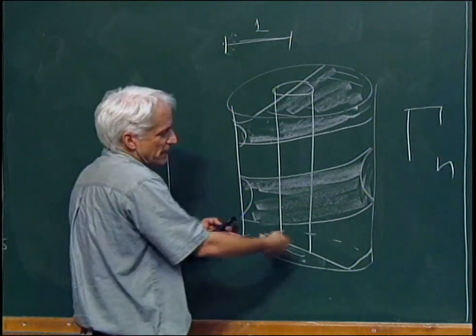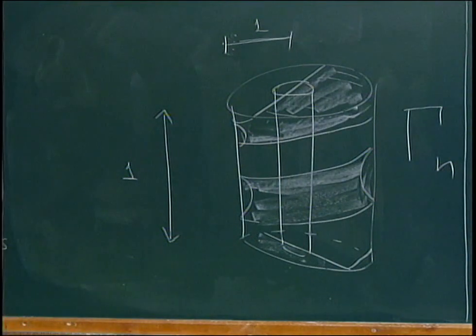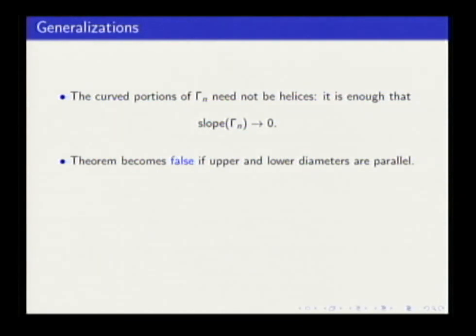And of course, that forces them to wind around more and more times. So they don't have to be helices. And let me remark that the theorem becomes false if, it's interesting, I said it's important that the upper and lower diameter are not parallel. If the upper and lower diameter are parallel, this theorem, at least for these general curves, is false.